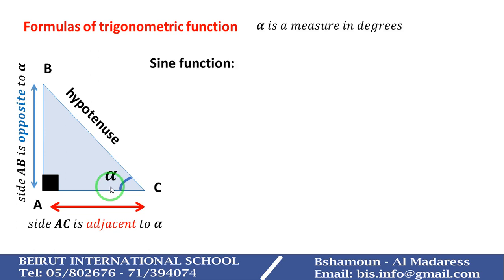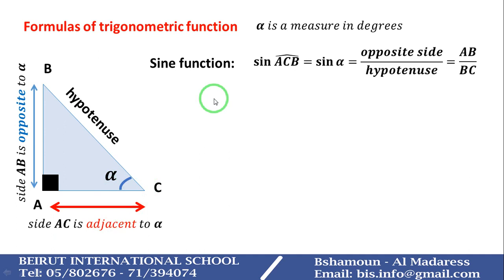Let's start with the sine formula. The sine function, its abbreviation is SIN. Sine alpha is equal to the length of the opposite side over the length of the hypotenuse, which is side AB over side BC.